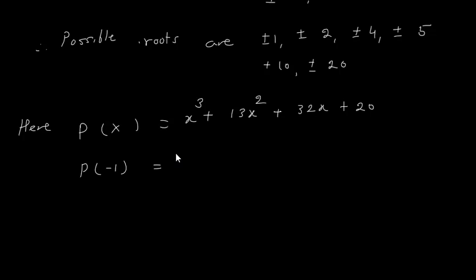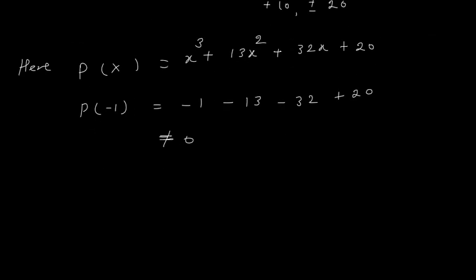Minus 1 cube is minus 1, minus 1 square is plus 1, so this is 13, then this is minus 32 and this is plus 20. If I put a positive value, I will not get 0. When the remainder is 0, I will get one factor. So I am trying to find one factor.